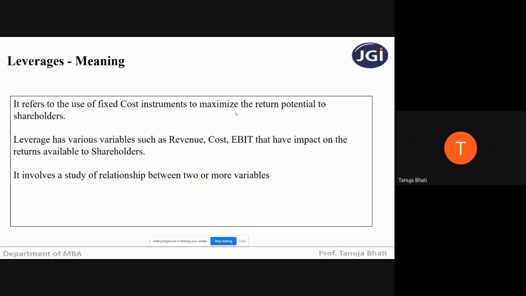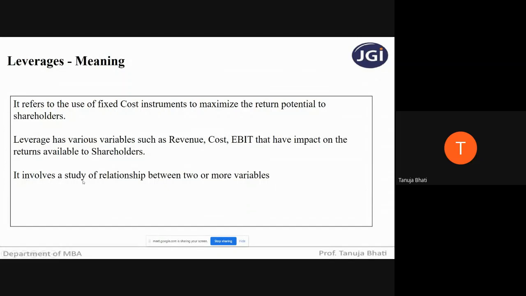So all this, the sales, variable expenses, and the EBIT, obviously have a great impact on the returns available to the shareholders, because higher the sales, lower the cost, higher the earnings, you will get more returns available to the shareholders.